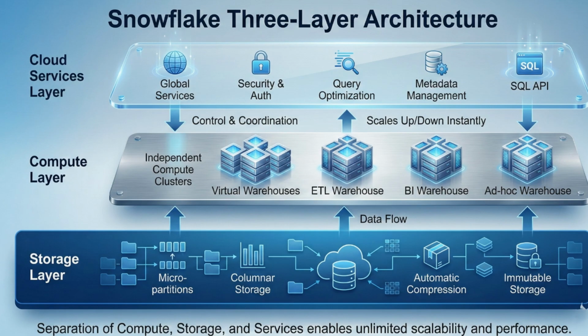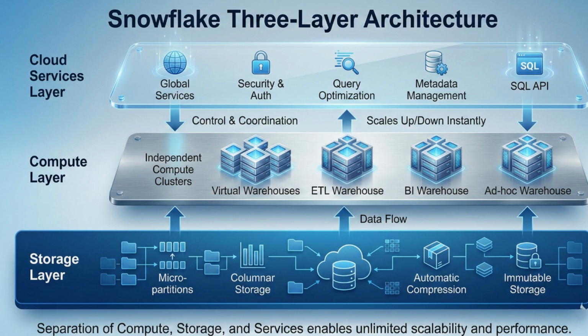Now let's understand the Snowflake three-layer architecture, which is the core foundation of how Snowflake works. Snowflake is built using three independent layers: the cloud services layer, the compute layer, and the storage layer. Each layer has a specific responsibility, and they work together seamlessly.